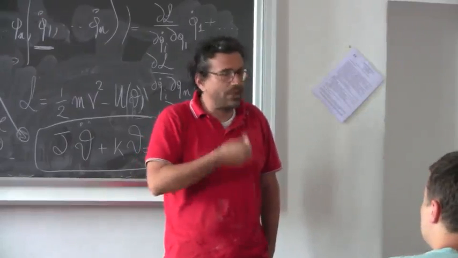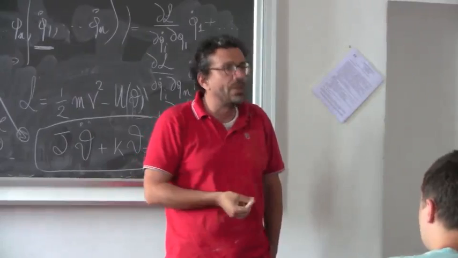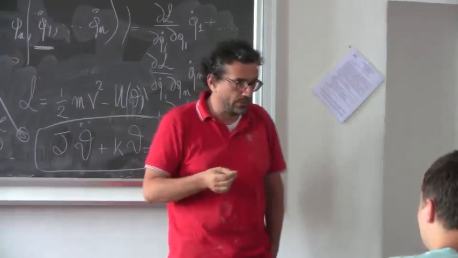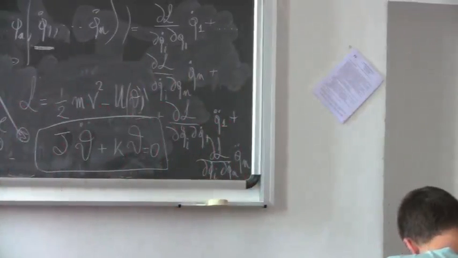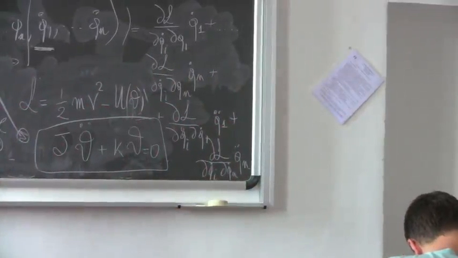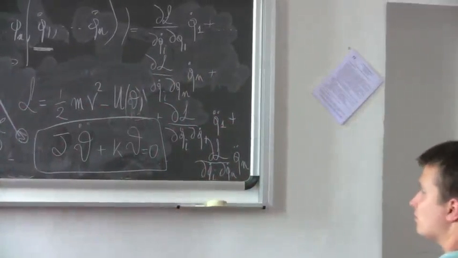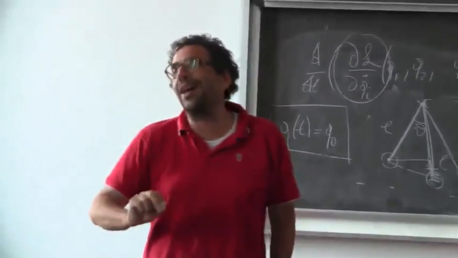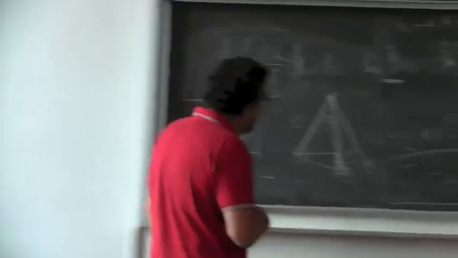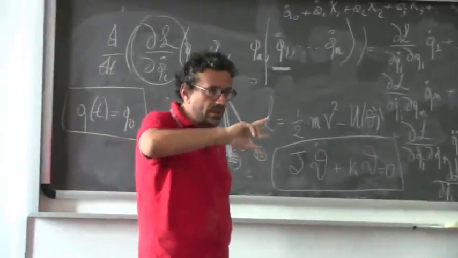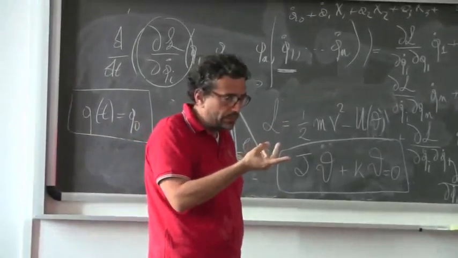When somebody repeats the word practical too many times, you must become suspicious. He doesn't know what he's doing, and to justify it, he says practical, practically, in practice. Okay?